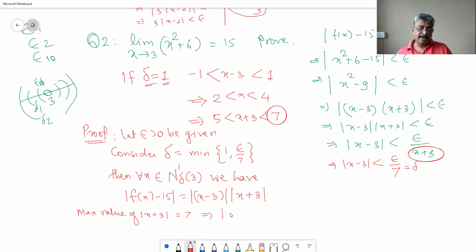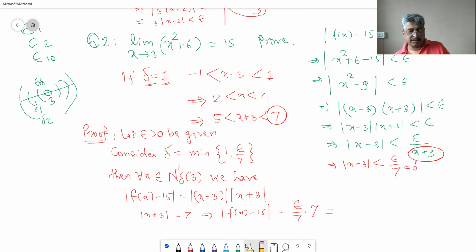This implies absolute value of f of x minus 15 is equal to epsilon by 7 into 7 is equal to, absolute value of maximum. So absolute value of x plus 3 is going to be less than 7. Let us write that inequality here.